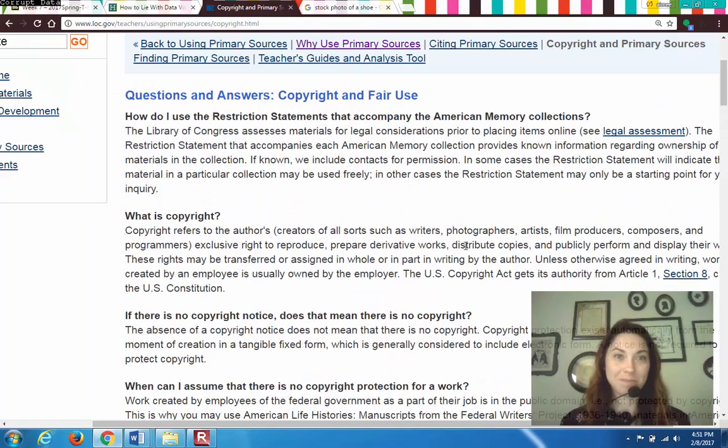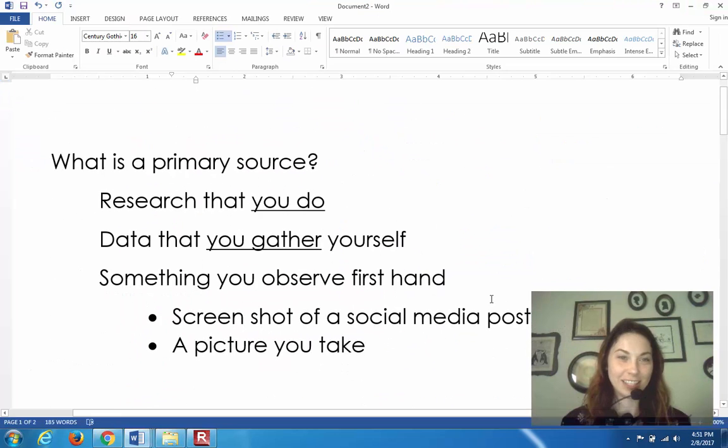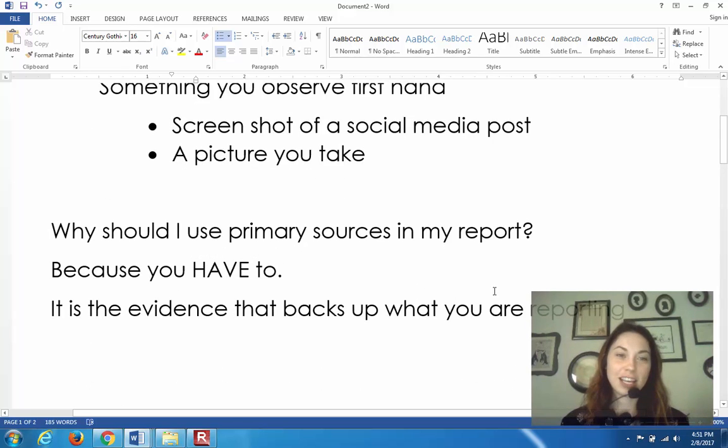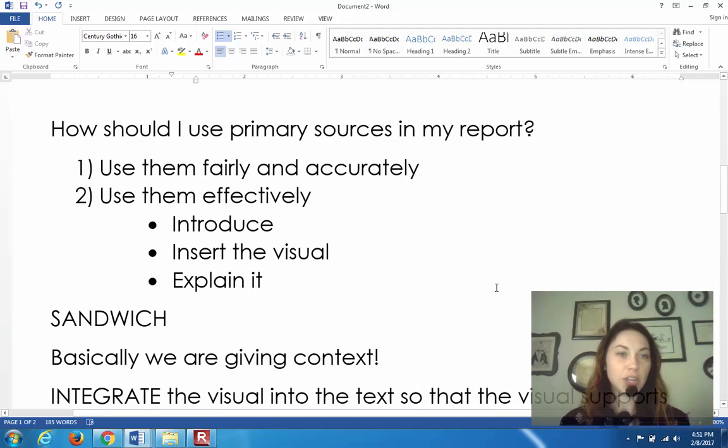So, phew, let's go back and recap here. Primary sources are things that you find out for yourself. You want to use primary sources in your report because it's required and it gives evidence and demonstrates examples of what you're talking about. You want to use your primary sources fairly and accurately.